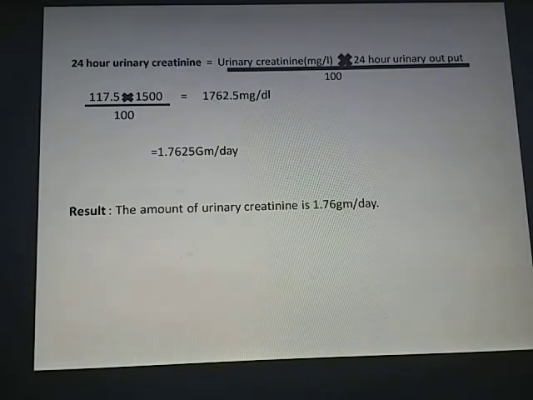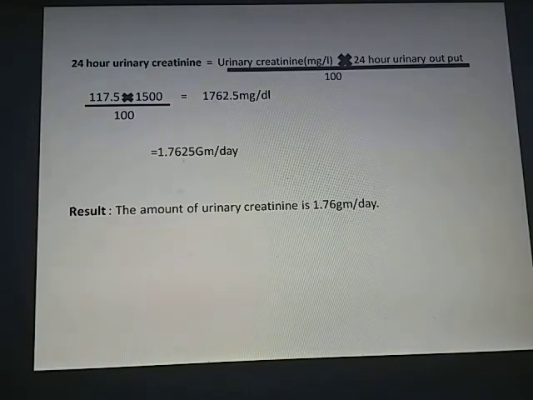Then the 24-hour urinary creatinine calculation. Here the urinary creatinine value which you got in the earlier calculation, 117.5 milligrams per deciliter, into 24-hour urinary output by 100.